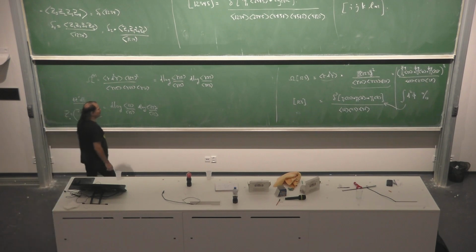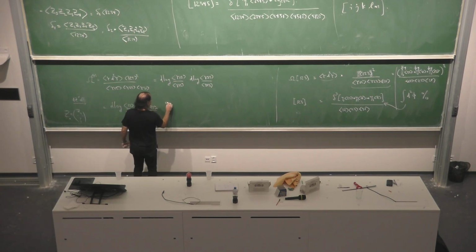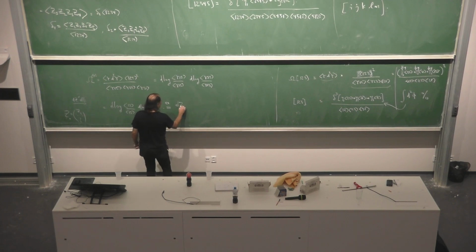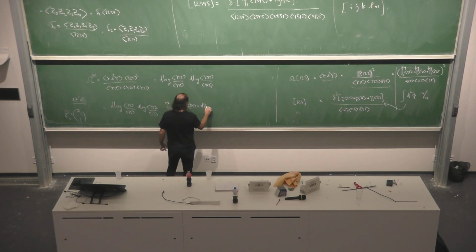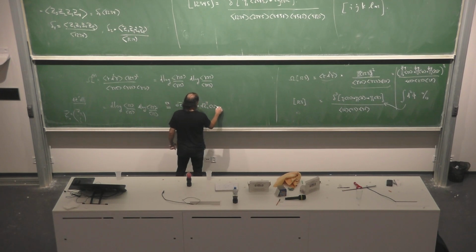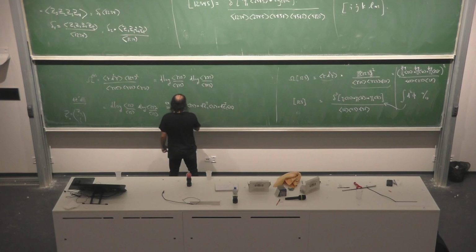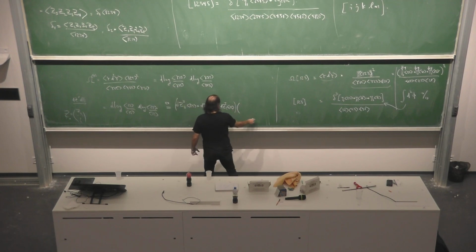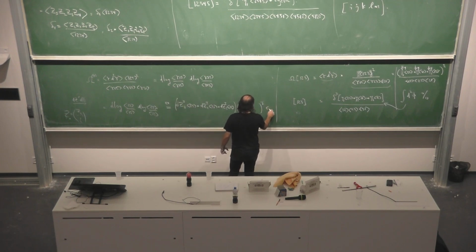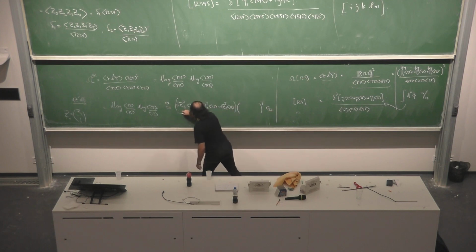And, well, if you work this out, small exercise, you will find that this is dz3 <1 2> plus dz1 <2 3> plus dz2 <3 1>, with the same structure, epsilon ij, over <1 2><2 3><3 1>.